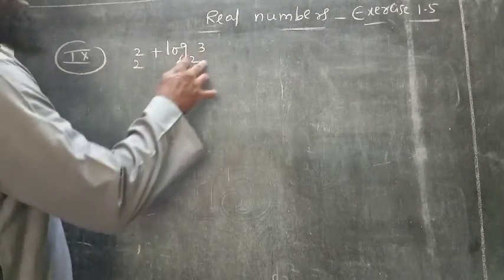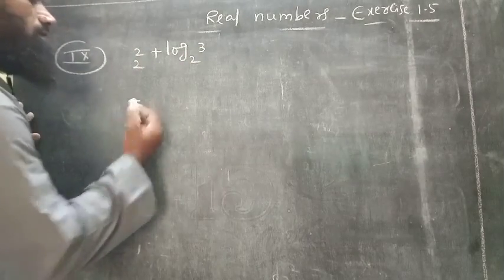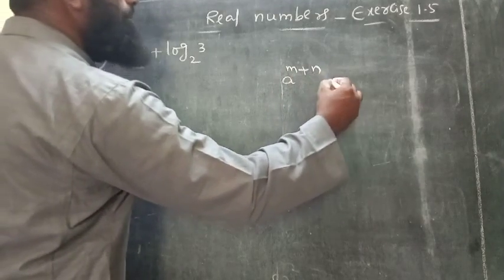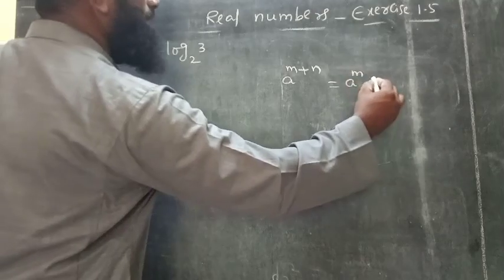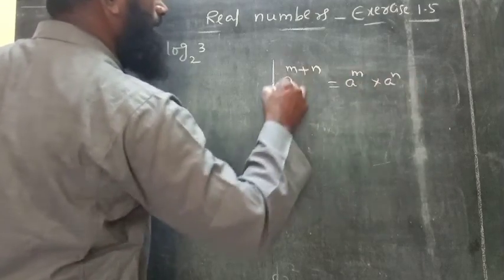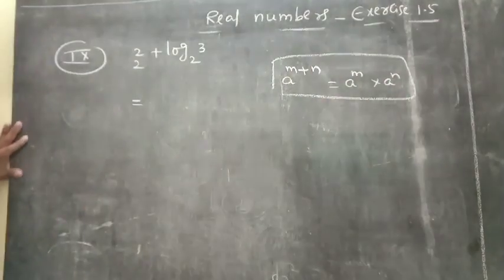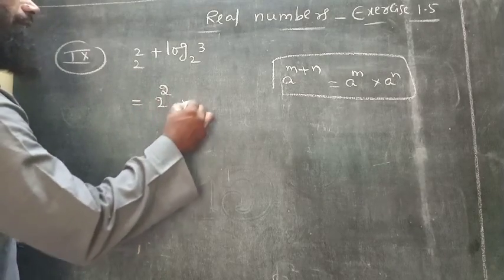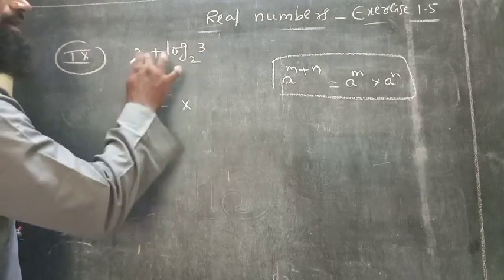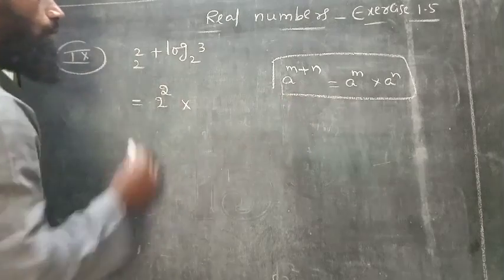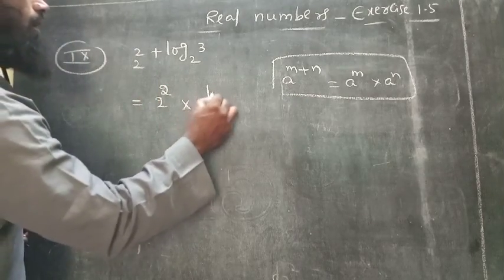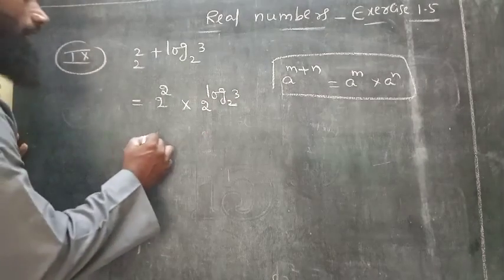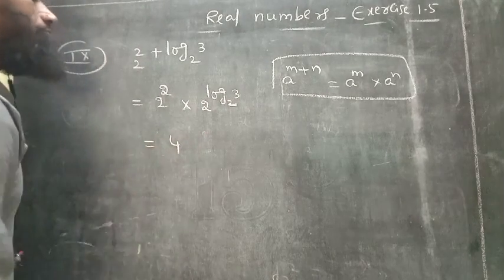Now it looks like a power m plus n, which is nothing but a power m into a power n. From this we get 2 square into 2 power log 3 base 2. Here 2 square is nothing but 4.